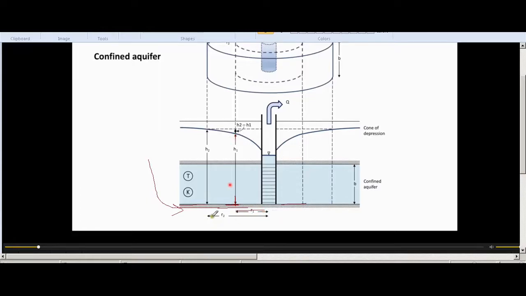And this is the horizontal distance r2, so that height is h2.